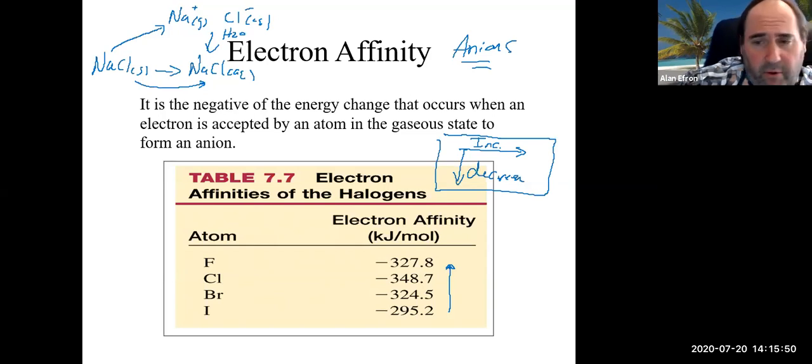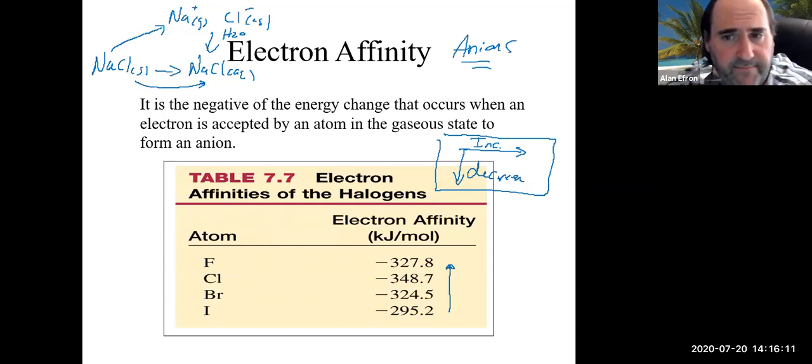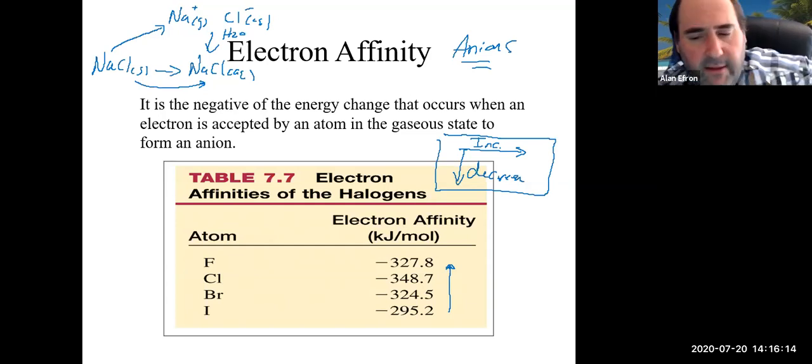So again, not perfect in terms of the trend, but that is the general trend with electron affinity: it increases up to the right and decreases left and down. And again, ionization energy we think about in terms of cation formation. When we talk about anions being formed, we talk about electron affinity, which is that energy change that occurs. Any questions on that?